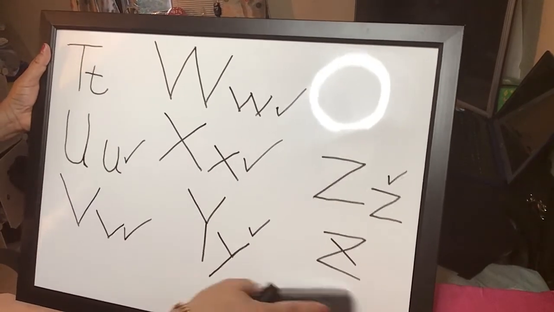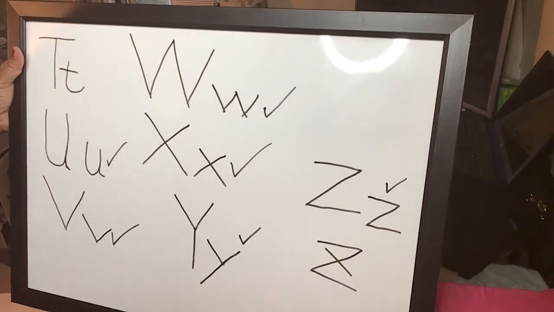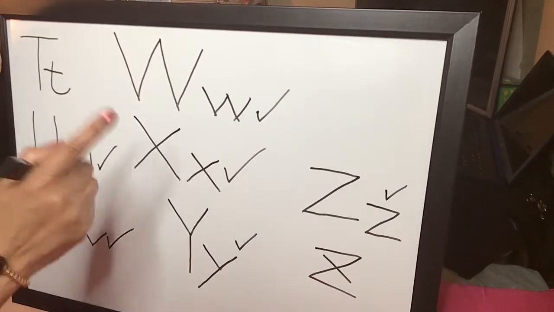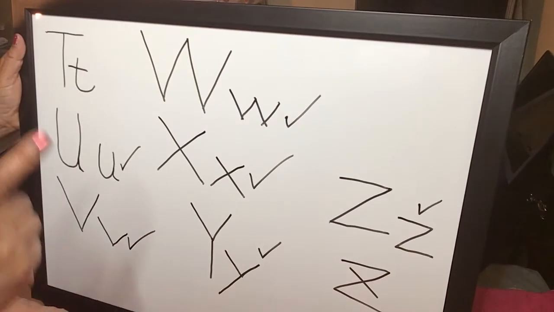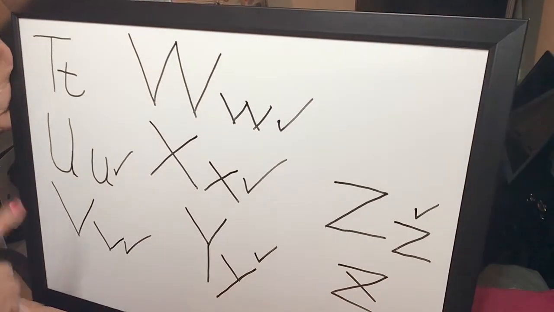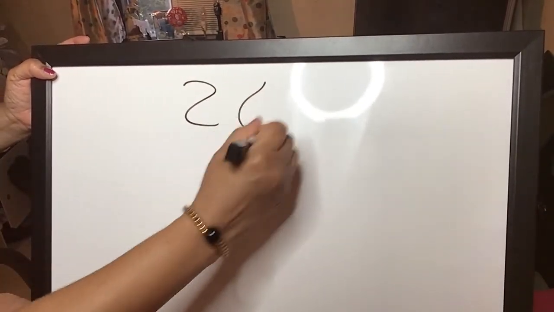So in my next video, I will show you how to put these together to form words. Also, within the alphabet that I just showed you, it's 26 letters in the alphabet.